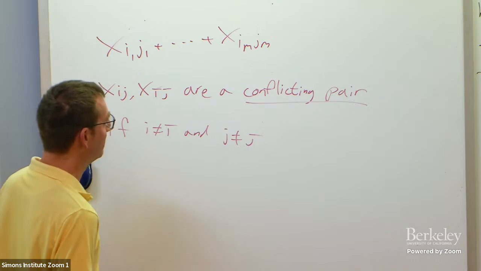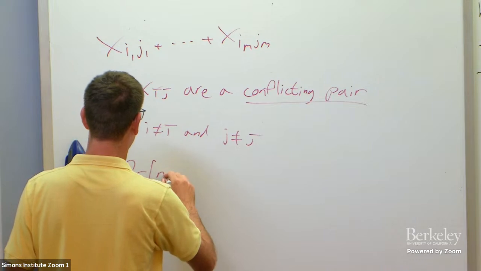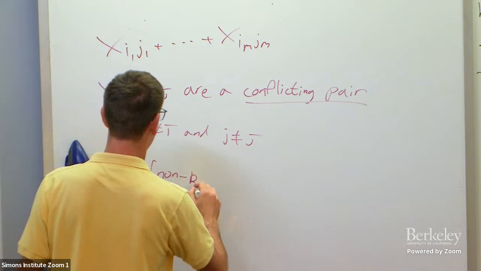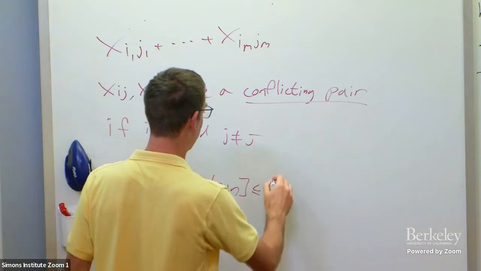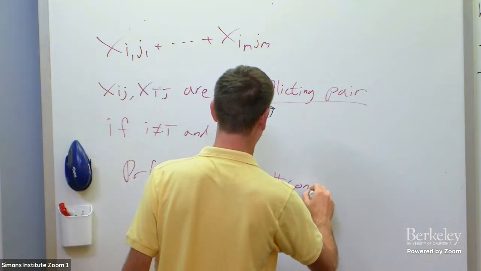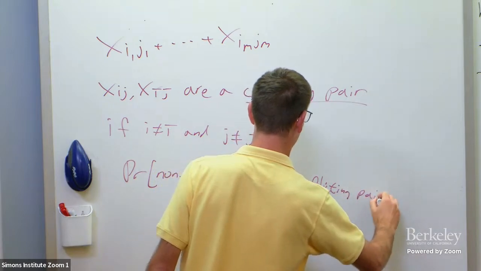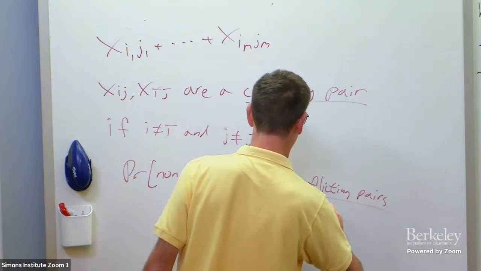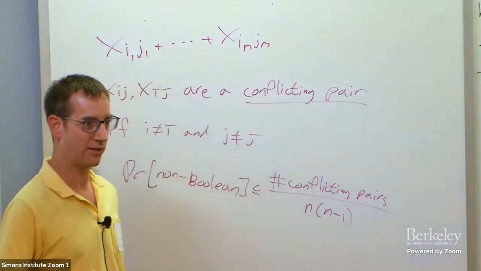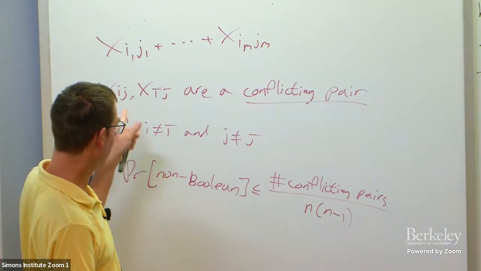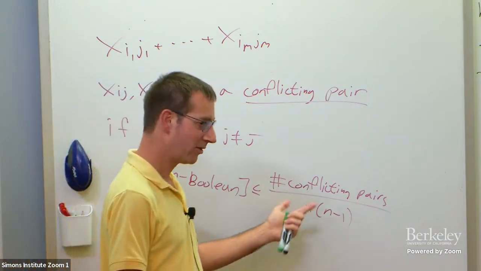So your probability of being non-Boolean is at most the number of conflicting pairs over n minus 1, the probability of hitting both x_ij and x_{ī j̄}. We want this to be at most epsilon.